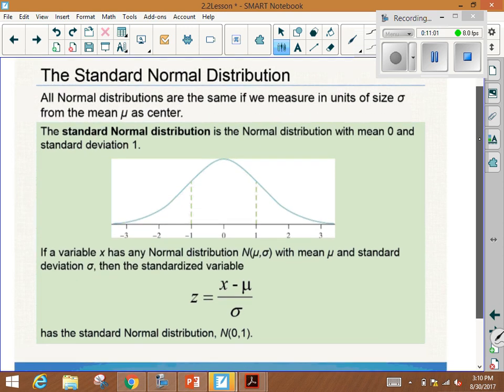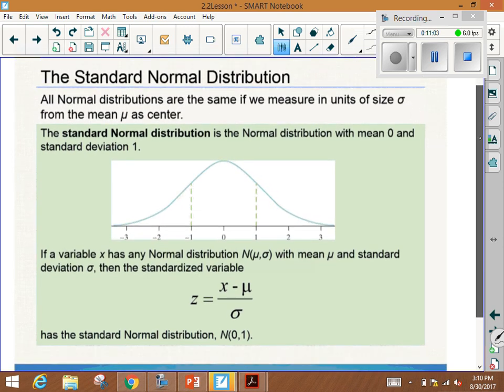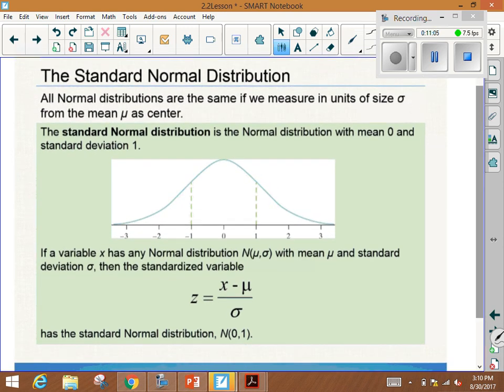All right, the standard normal distribution. All normal distributions are the same if we measure in units of size sigma, or standard deviation, from the mean mu as center. So this is what we're looking at, the standard normal distribution. It makes sense that 0 is in the middle, right here in our center point.